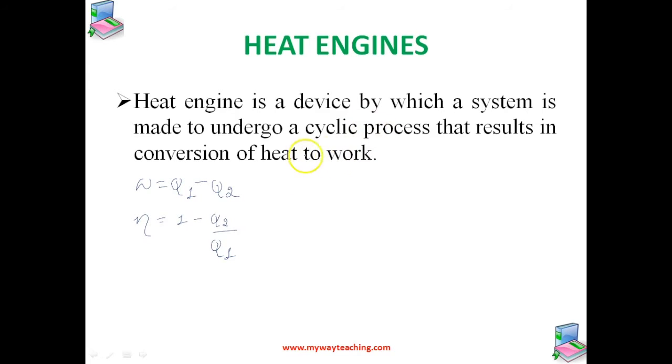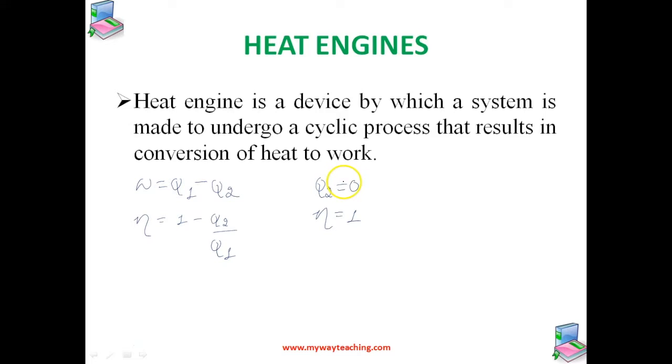You just consider a simple example here for a better understanding of the concept. For Q2 equal to 0, eta is equal to 1, which means the engine will have 100% efficiency in converting heat to work.